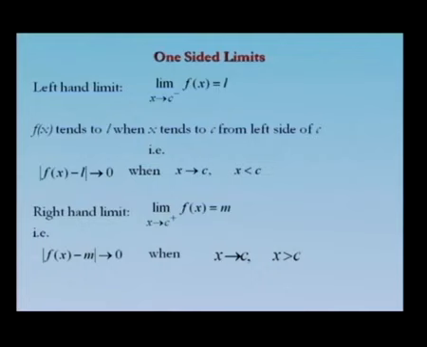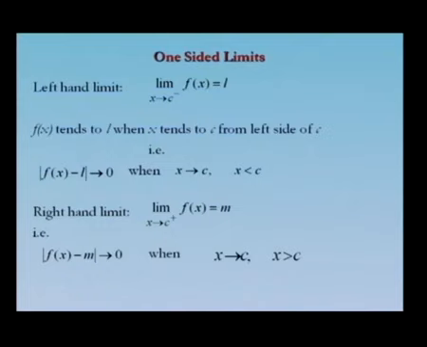When x is reaching towards c from the left hand side, and if f is reaching some number L, then we say that L is the left hand limit of f at c. It means that the difference between f(x) and L is reaching towards 0 when x is reaching towards c from the left side. Similarly, we can define the right hand limit.